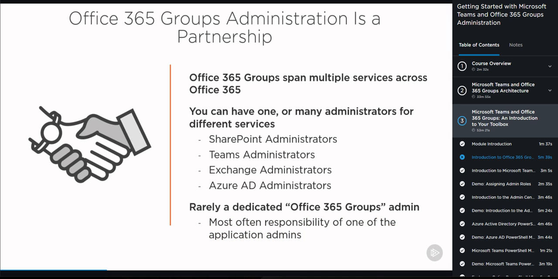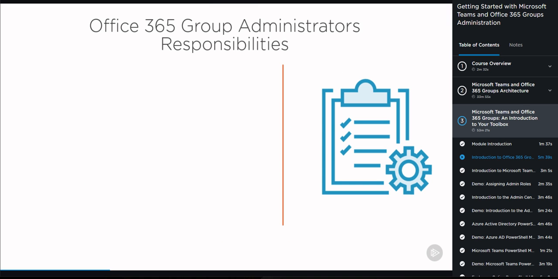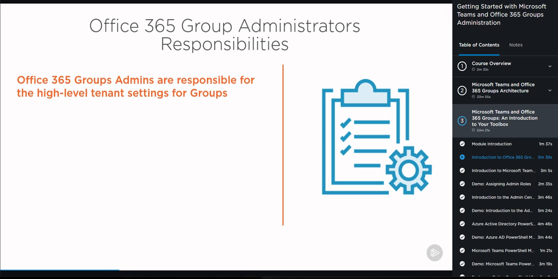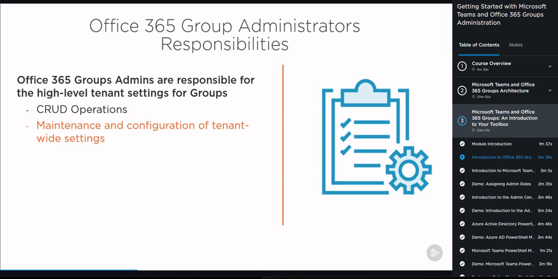Now let's talk about the responsibilities of an Office 365 Groups administrator. The groups admin is responsible for all of the high-level tenant settings for Office 365 groups, including create, read, update, delete, and restore operations, as well as maintenance and configuration of tenant-wide settings such as naming conventions, external sharing for Office 365 groups, expiration policies, access reviews, and so on.